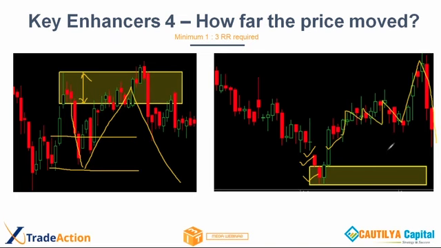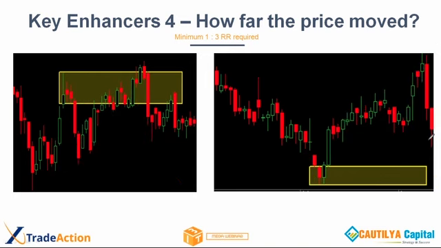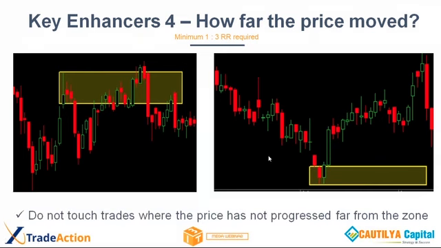It further went up and came down, but since there is a lot of compression, lot of confusion, lot of sideways movement, even if the price comes to this zone, I cannot take it to go up, because these fellows may act as resistance. I want the journey to be clean. In the previous chart you saw excellent clean journeys. That's what I'm looking for. Do not touch trades where the price has not progressed far away from the zone.